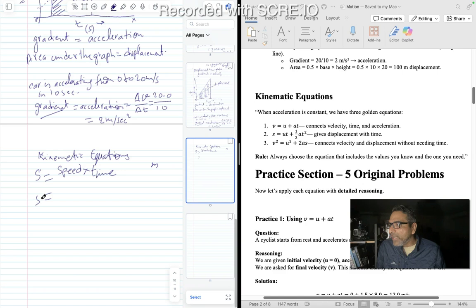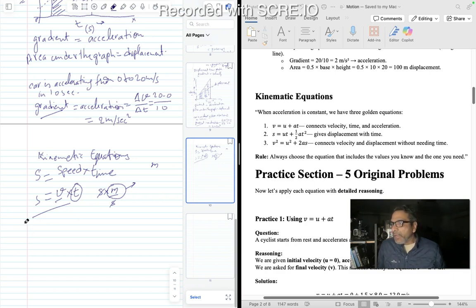So s is v times t. In respect to our units, time is second, and speed's unit is meter per second, so this will remain as meter. That's the distance traveled, with v as our final velocity or speed, within the time t.